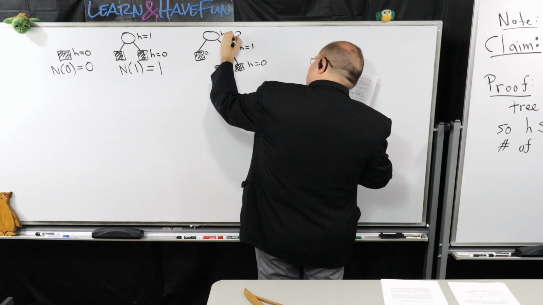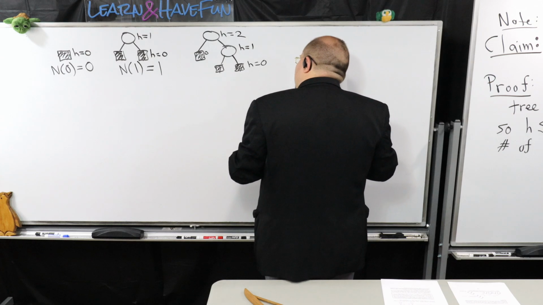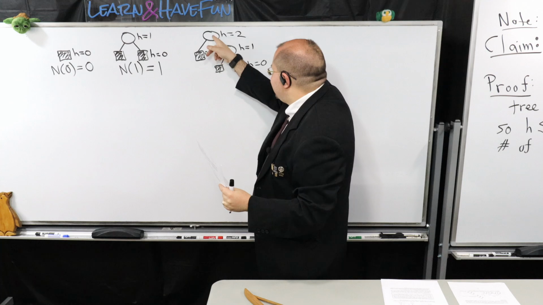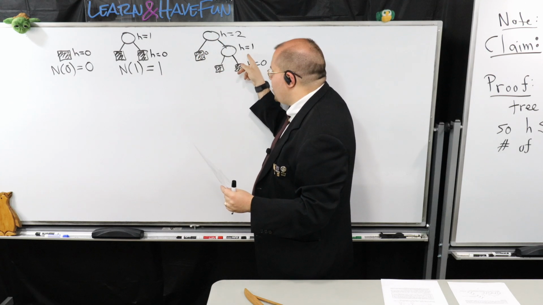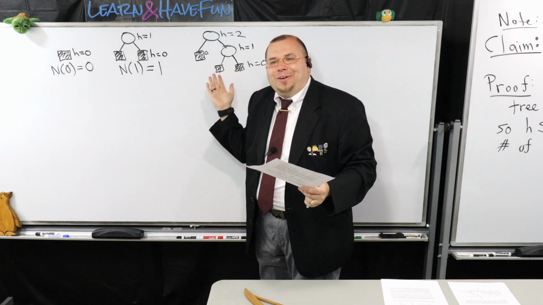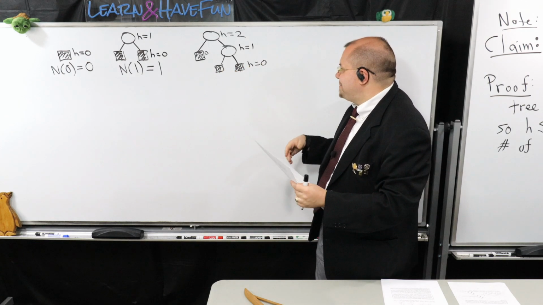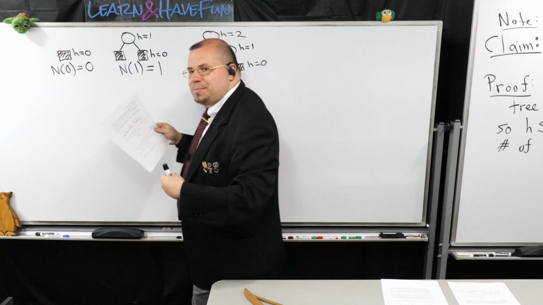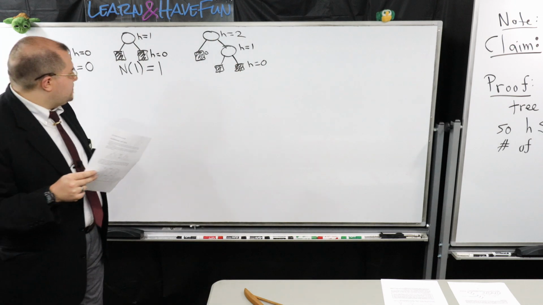And that has height 2. But notice that we still have the height balance property, because at this node, it's 0 versus 1. They still differ by at most 1. And these, they don't differ at all, right? So we're okay. So notice that all I had to do to achieve this is add in 1 internal node.